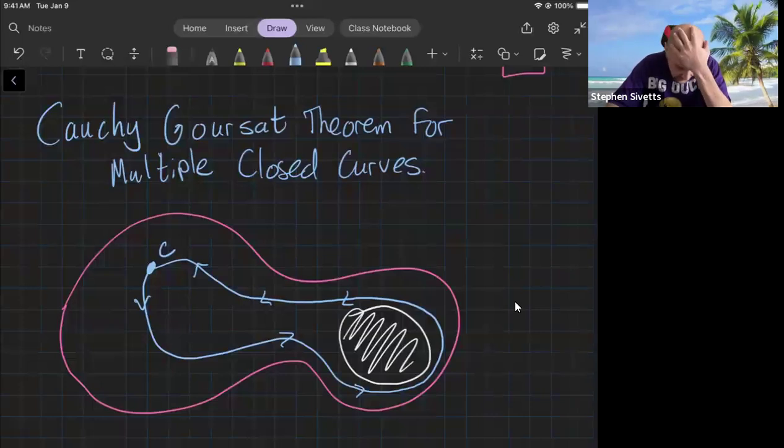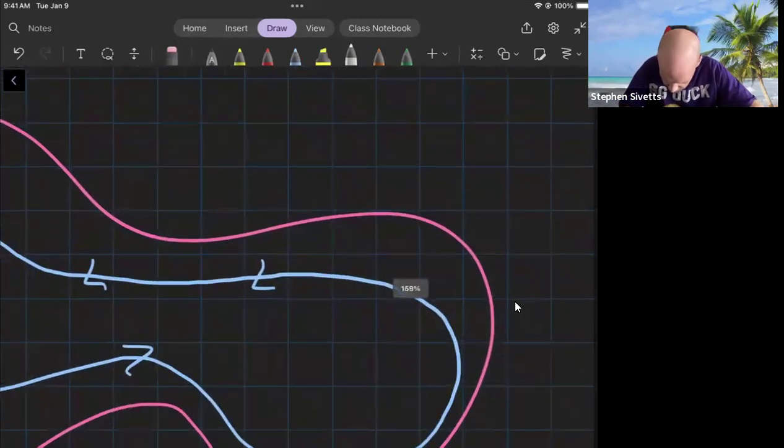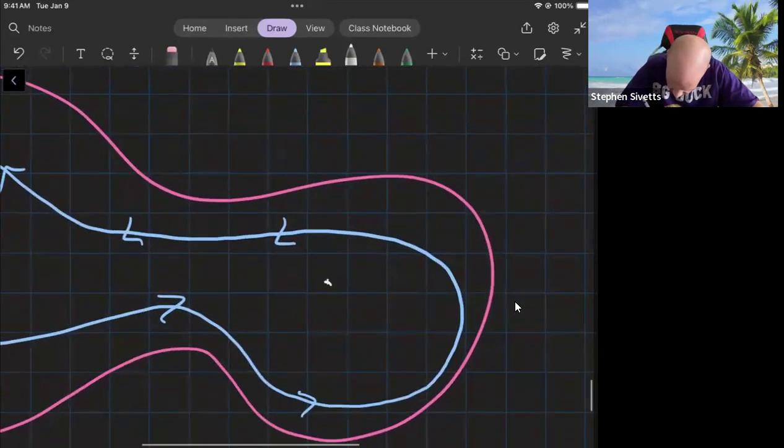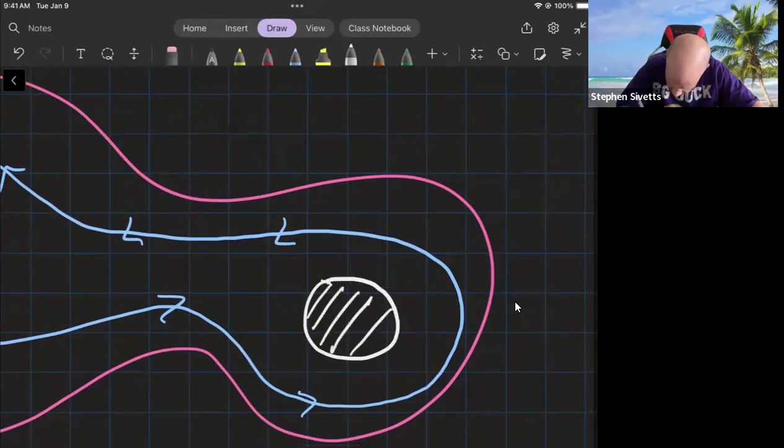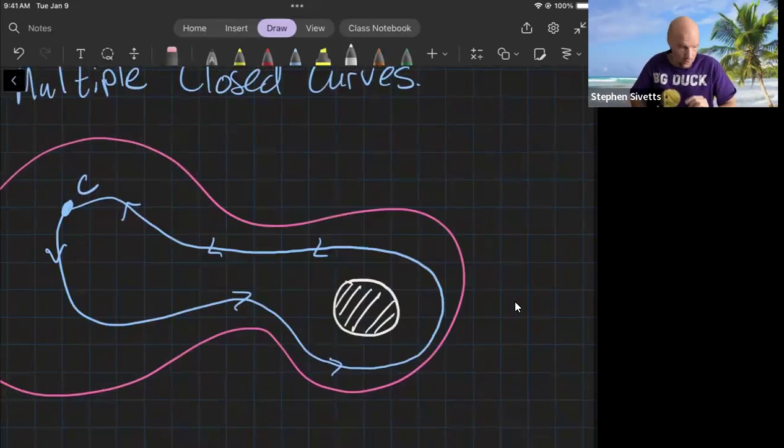Suppose we define the closed contour C here. Okay. So let me actually make this smaller. So suppose this white region here is where the hole is, okay?